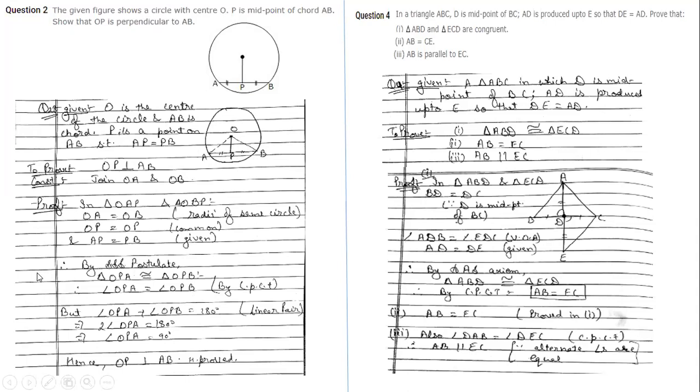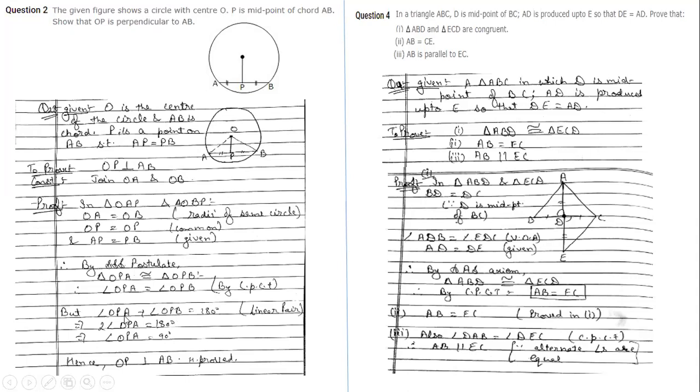By using that, we can say that angle OPA is equal to angle OPB. But we all know that a straight line makes an angle of measure 180 degrees. That is, OPA plus OPB is equal to 180 degrees because this is according to the linear pair.